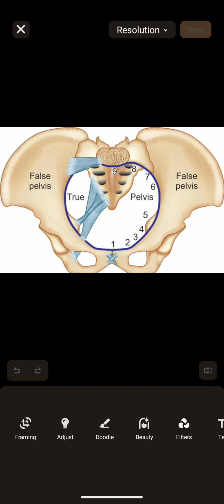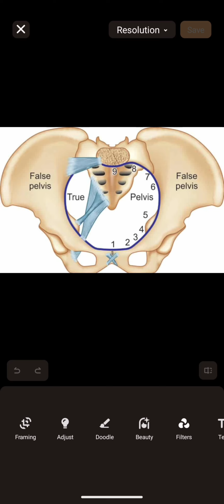So these are the landmarks of our true pelvis. It starts from symphysis pubis, then pubic crest, pubic tubercle, pectineal line, iliopubic eminence, iliopectineal line, sacroiliac joint, sacral ala, and last is the sacral promontory.